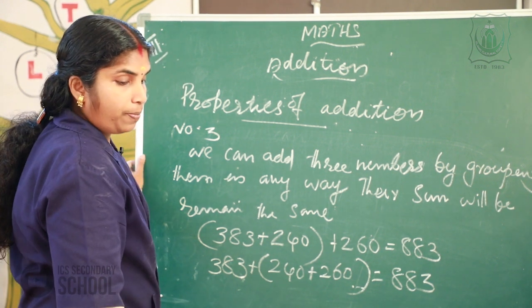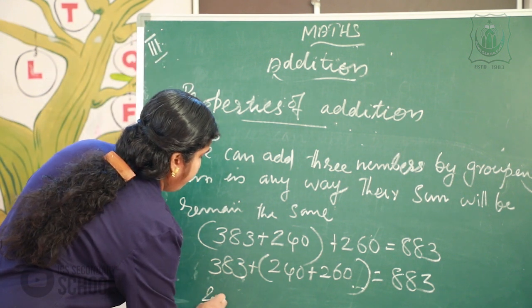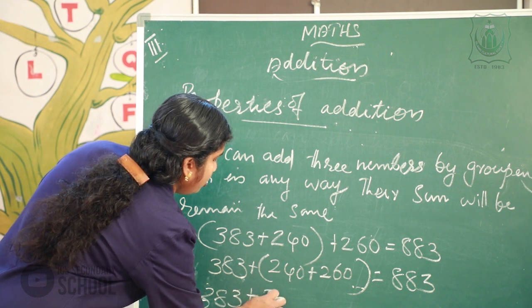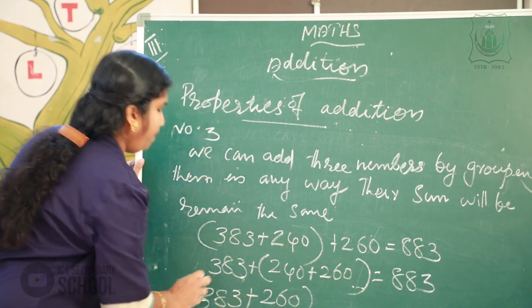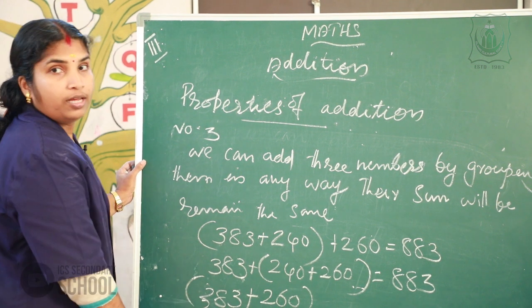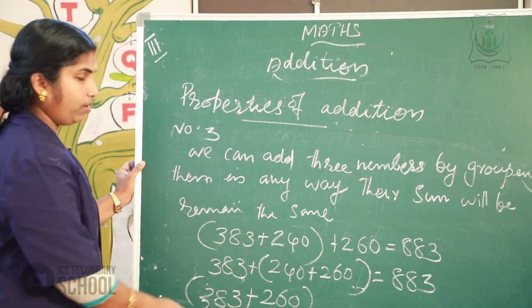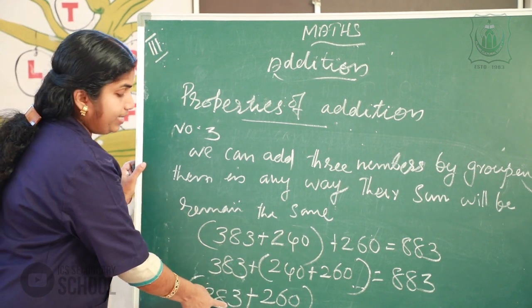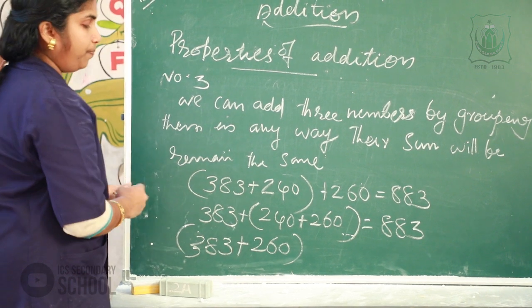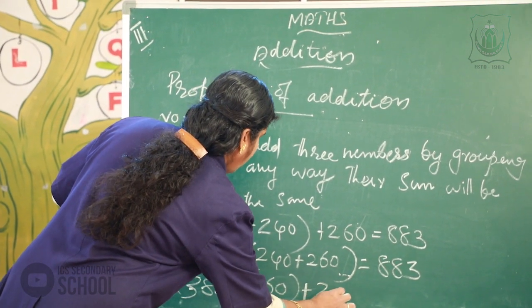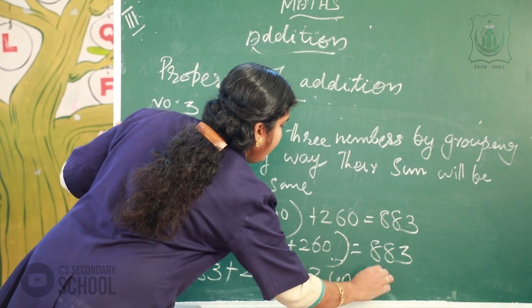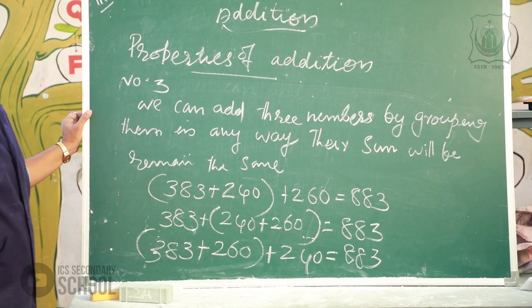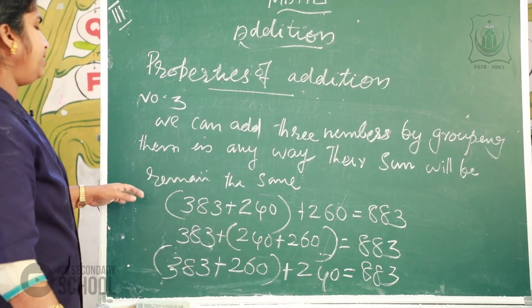Okay. Next, we change the grouping to 383 plus 260, plus 240. Here also we get the answer 883. Please listen.